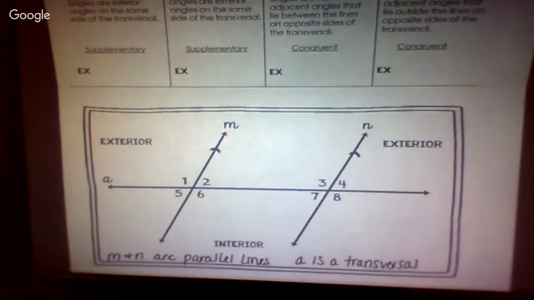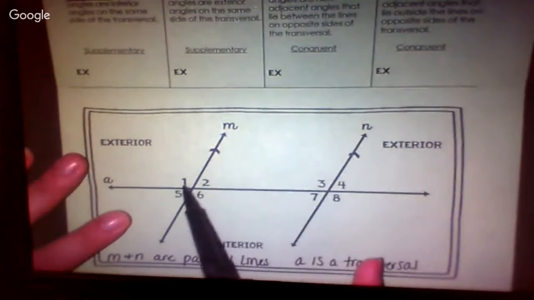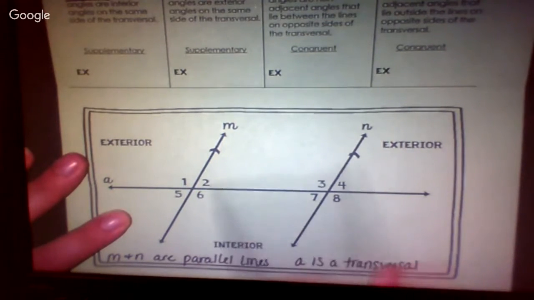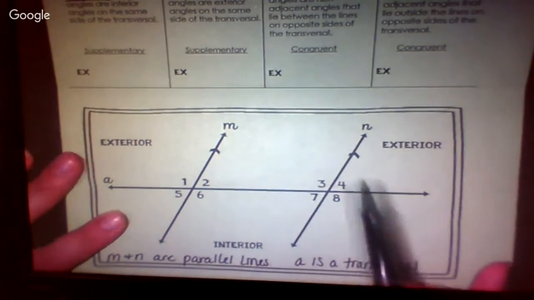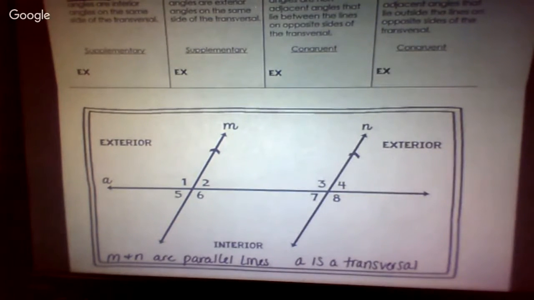So if I'm looking at angle 1, it would either be 2, 3, or 4. If one is on the top of the transversal, the other angle also has to be on the top. Okay, so that's your first criteria, same side. Your second criteria, it says interior. Well, if it says interior, it needs to be inside of your parallel lines.